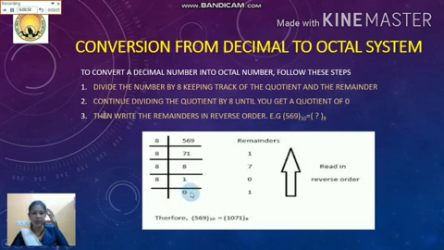So we stop here and start writing from the bottom. 1071 is the equivalent octal number of the given decimal number. Always read in reverse order, from the bottom to the top. This was the conversion from decimal to octal.